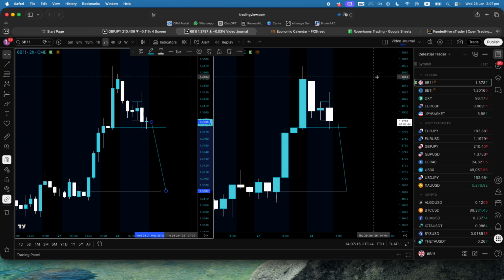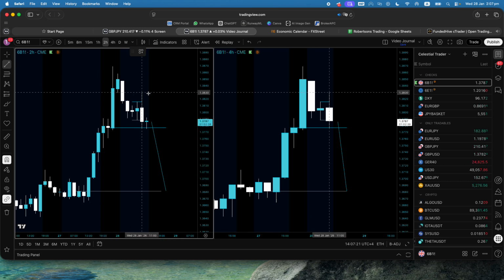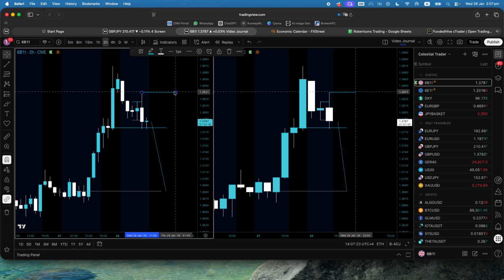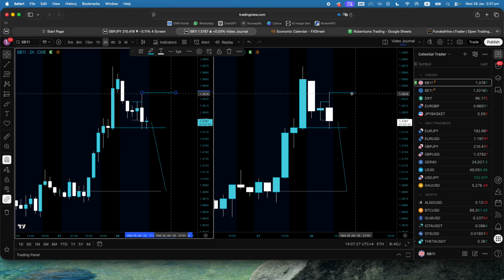The only thing that would change my mind or change the potential trajectory of this trade at the minute is if we broke this high, the 2-hour high and the 4-hour high. If we were to break that, that would potentially mean that the GBP buyers, the GBP bulls, are back in control, and therefore it might be difficult for us to reach the target on that trade.